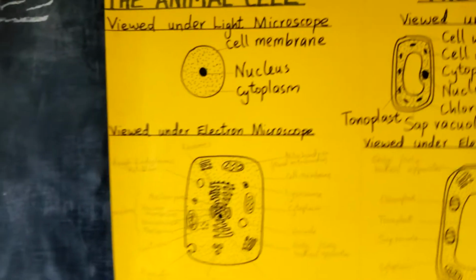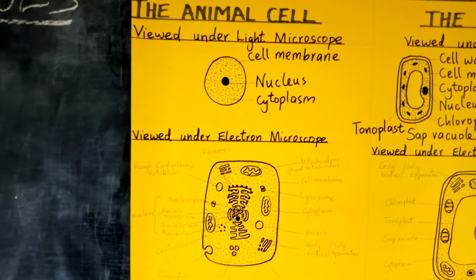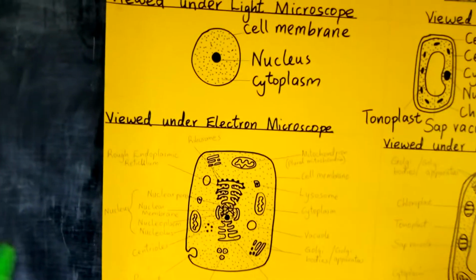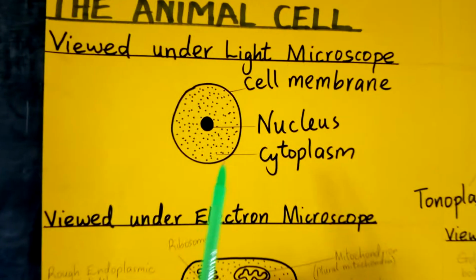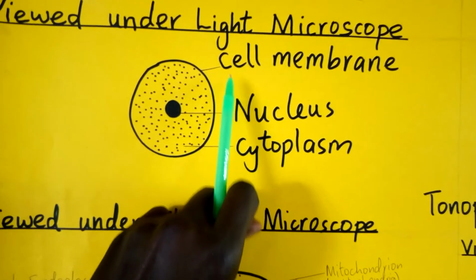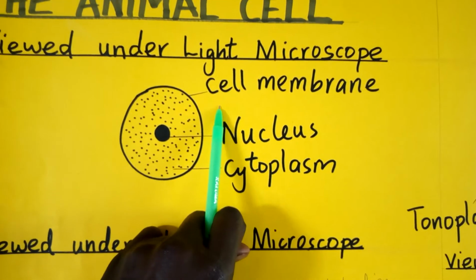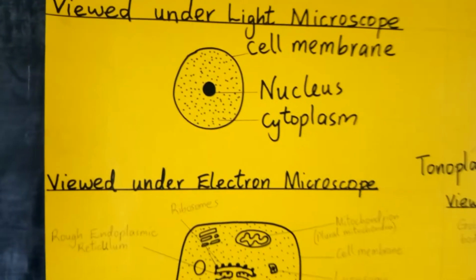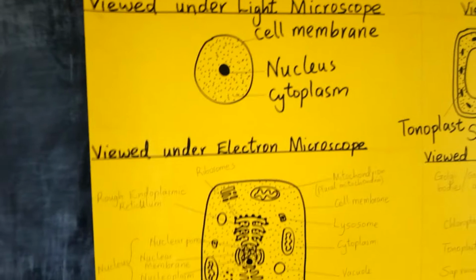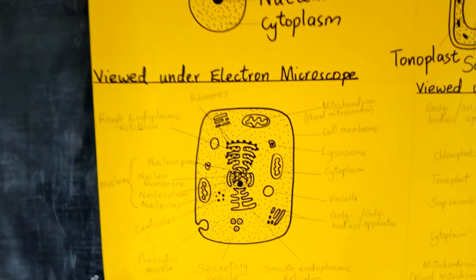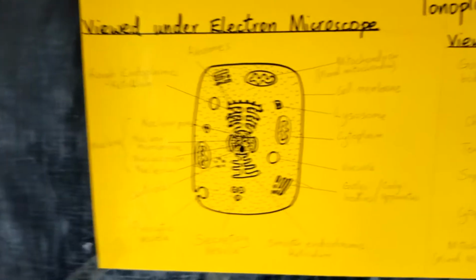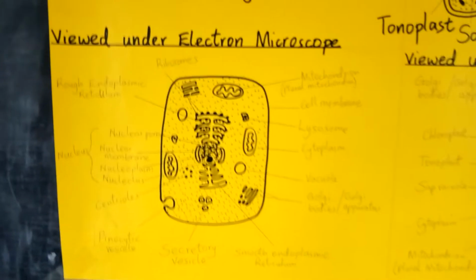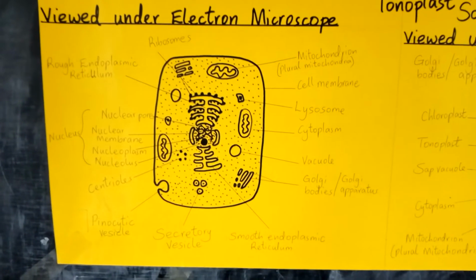When you look at the animal cell as viewed under the light microscope, you'll only be able to see three parts. That is the cell membrane, the nucleus, and the cytoplasm. When you look at the same cell under an electron microscope, there are so many parts that you will be able to see.